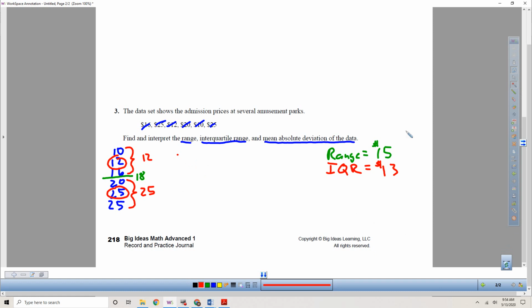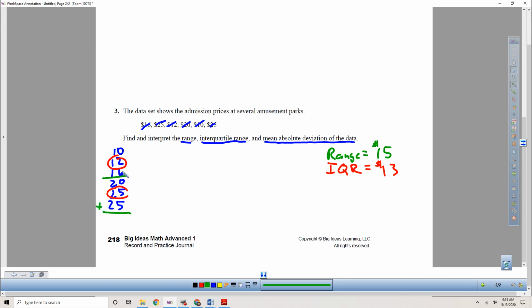Now, mean absolute deviation. So, I'm going to erase this here so I can have some non-messy work. For mean absolute deviation, we have to find the mean of this data. So I'm going to start by adding all this up.